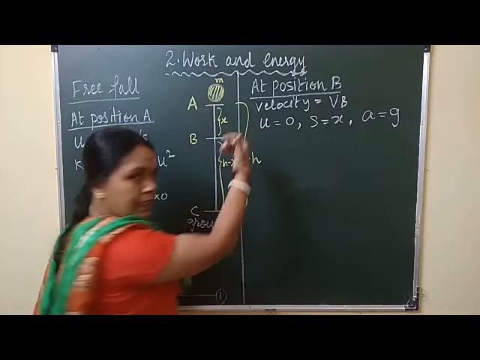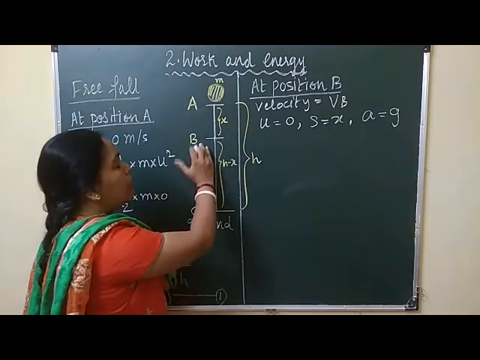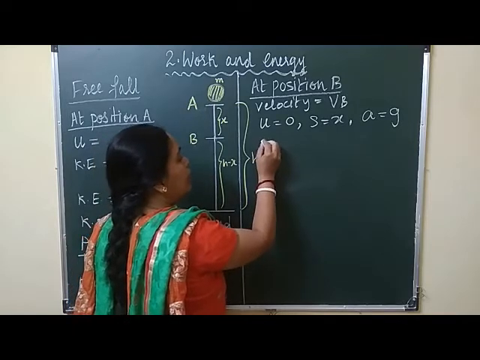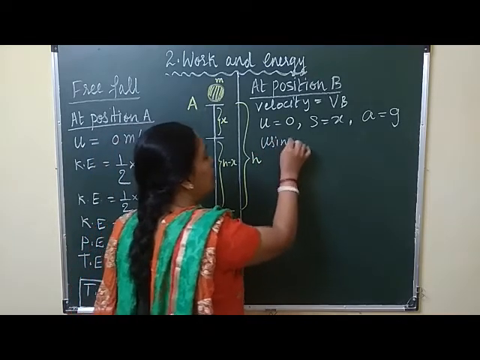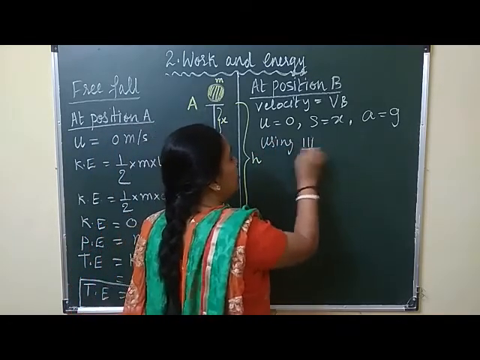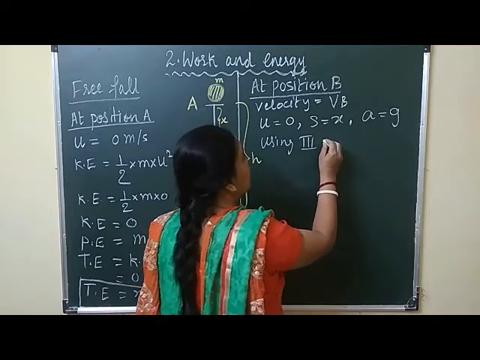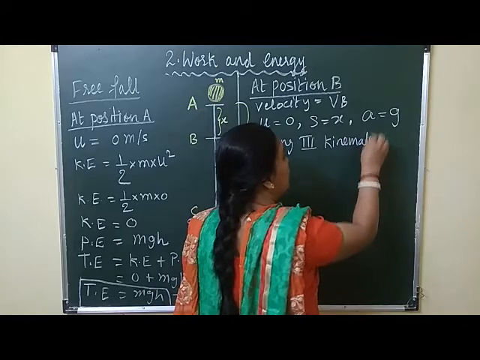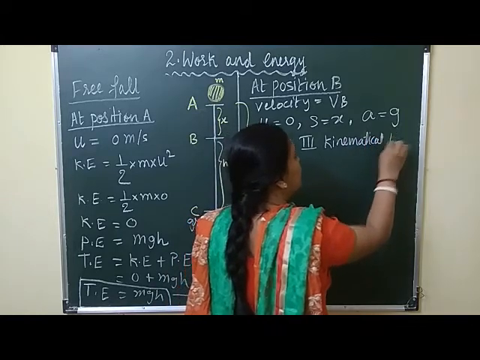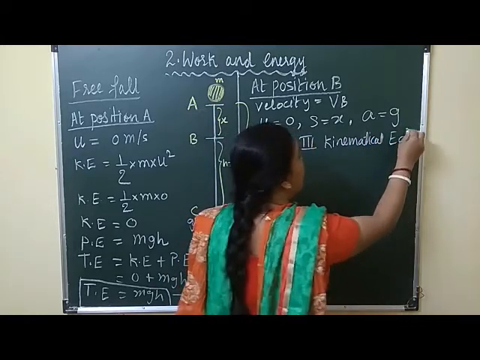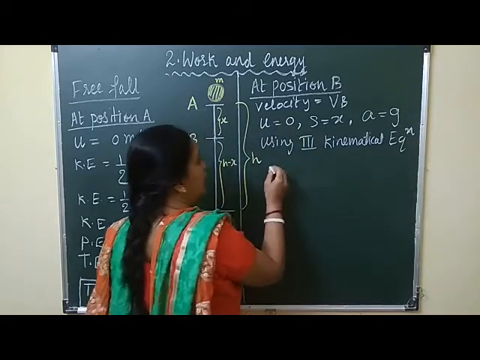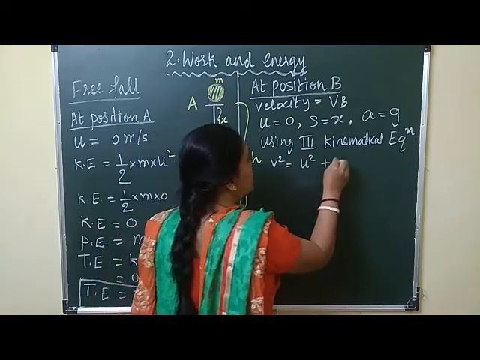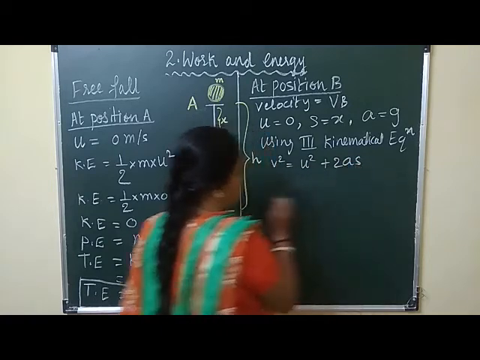When the object is coming at position B, by using Newton's third kinematical equation, we can say v square is equal to u square plus 2as.